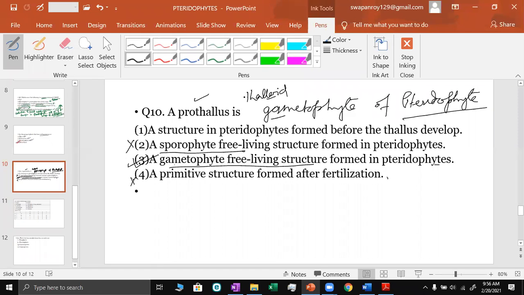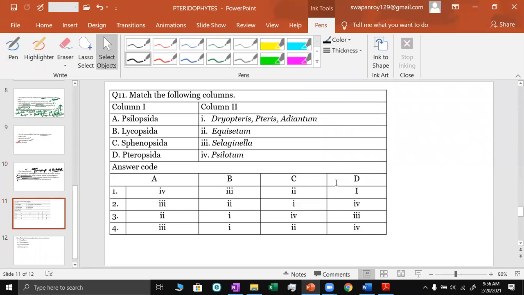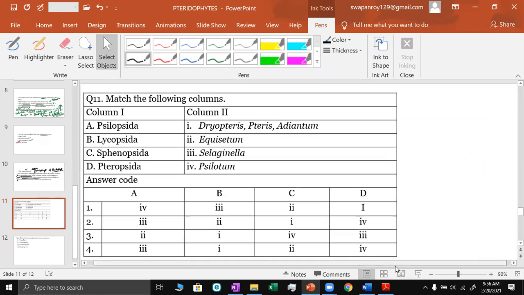Now next one, match the following column.